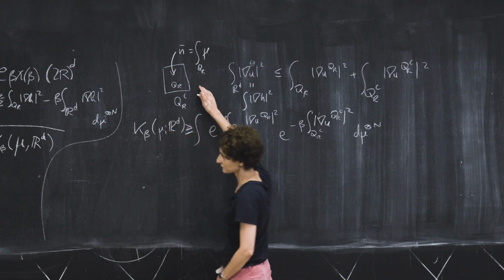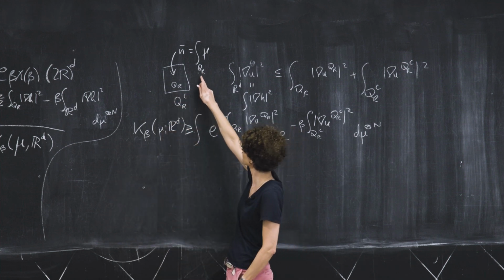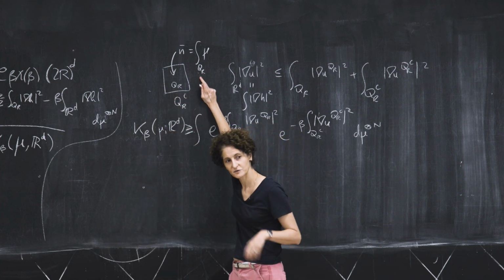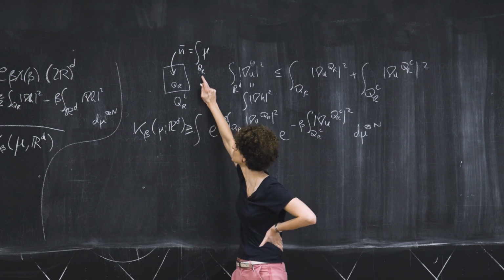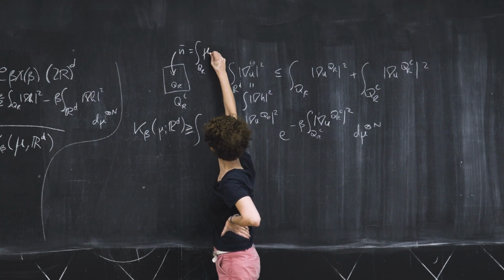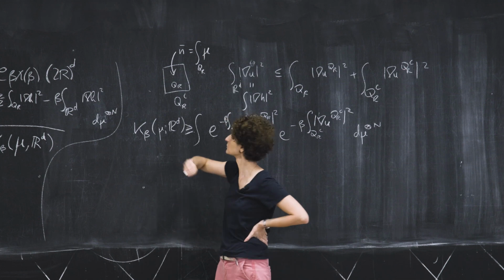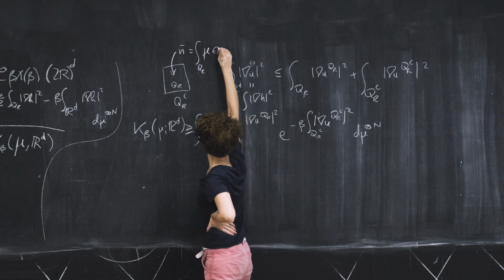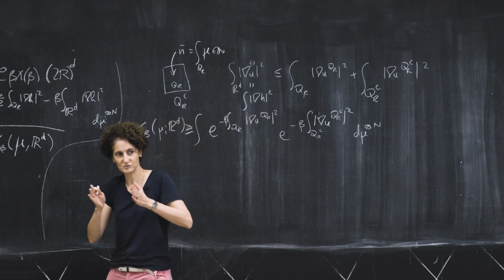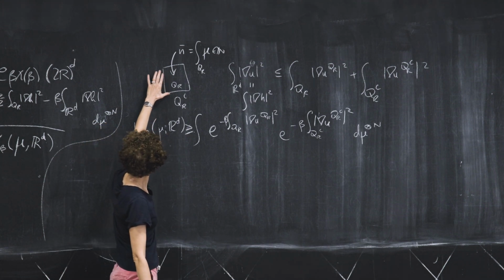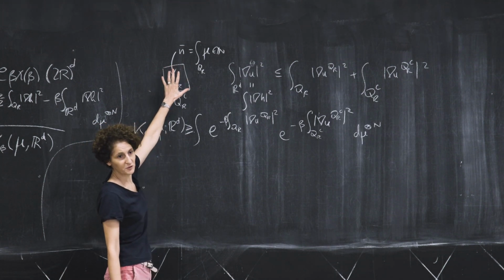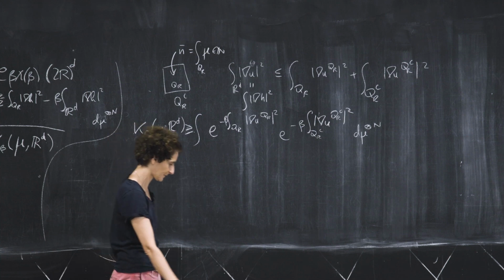So I have to assume, in fact, before I do all this, that this cube is a sort of quantized cube. It cannot be really an arbitrary cube. It has to be a cube in which mu integrates to an integer. Okay, so we assume that. Up to modifying a little bit the cube, we assume this is an integer. We call n bar this ideal number of points that should fall in that cube.